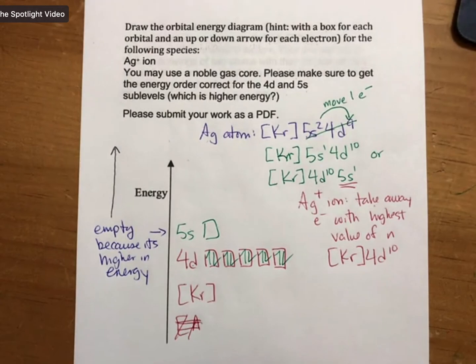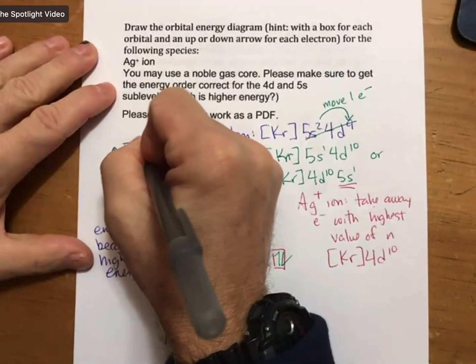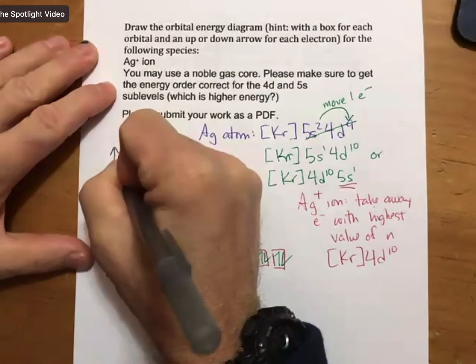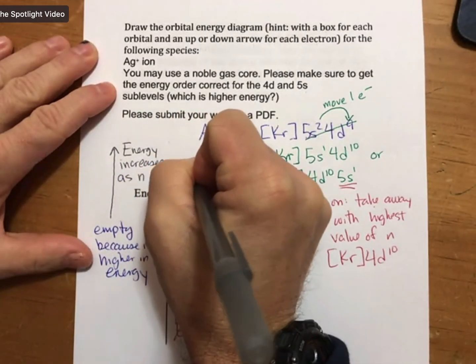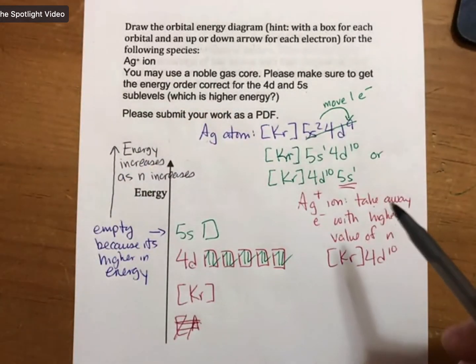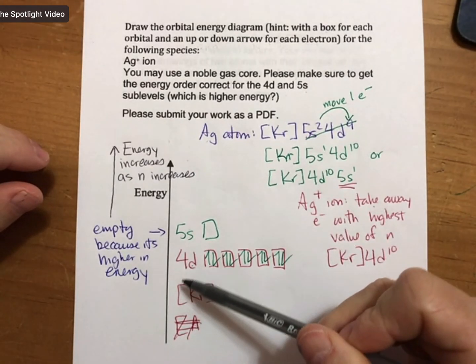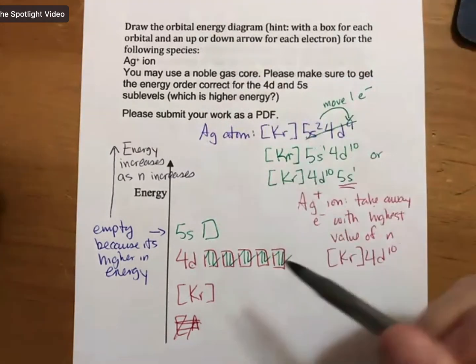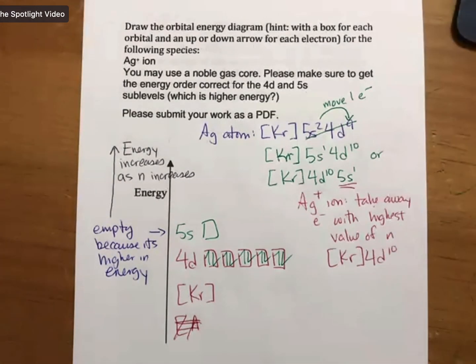Energy increases as n increases. So whatever values you get, always write all the 1s, all the 2s, all the 3s, all the 4s, all the 5s, all the 6s, all the 7s. I don't know if that's what you were looking for. I'm happy to answer any questions further about this.